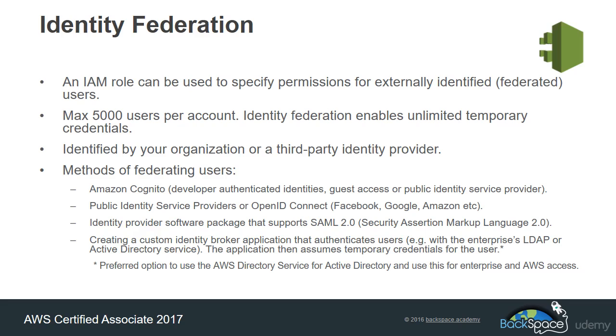If we're going to go down that road, though, we need to understand that there is another option, and probably a preferred option if we're going to use Active Directory: AWS Directory Service for Active Directory. We can use this as our on-premise and AWS directory service for AWS access. So that's probably a preferred option, but we can also create a custom identity broker application ourselves if we need to.